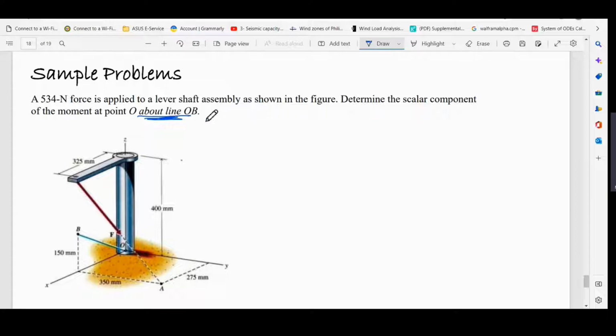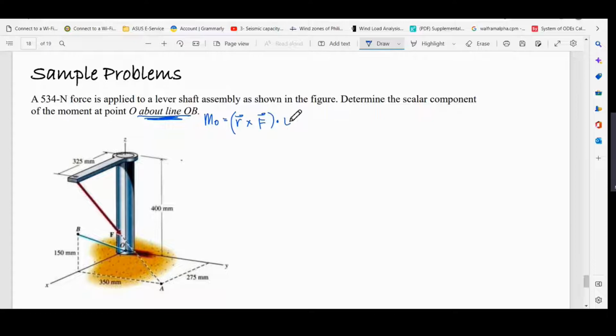So, if we will express our main formula here, our working equation, the moment of force F at point O will now be equal to what? Pinapahanap ito scalar. So, kailangan muna nating kunin yung position vector R natin cross by the force F. Tsaka natin i-dot product yung line of axis.